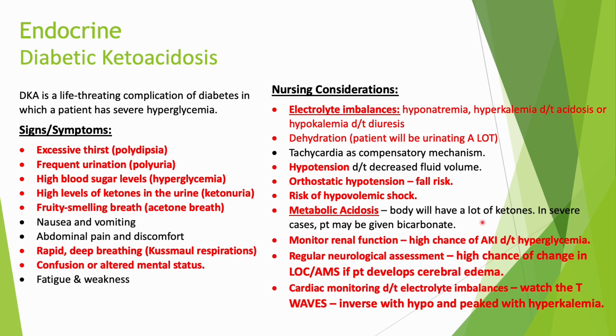Again, a lot of ketones have a positive charge, which gives you that acidic property, which is why we're in metabolic acidosis. Risk for hypovolemic shock, super important. Medication management obviously is going to be an insulin drip that's going to need hourly glucose checks. That's always a question regarding diabetic ketoacidosis and management.